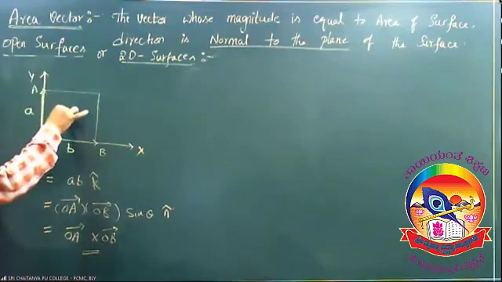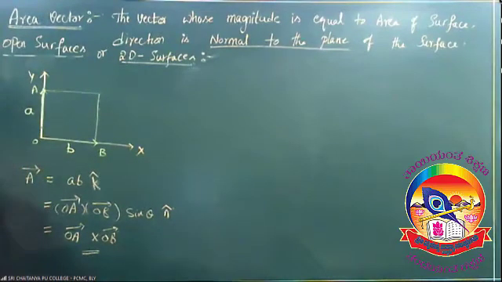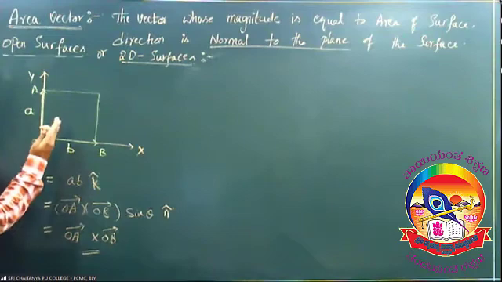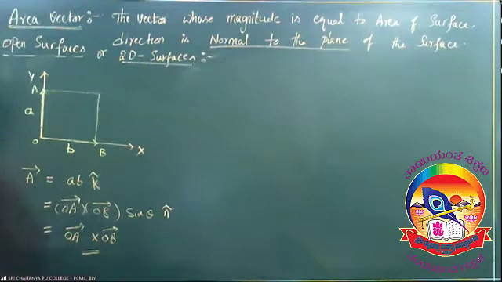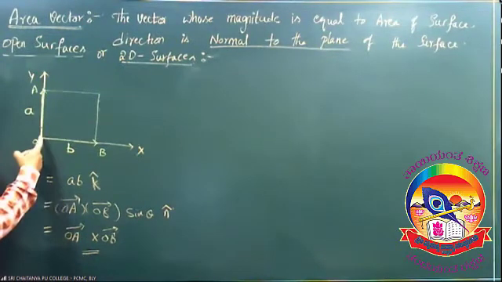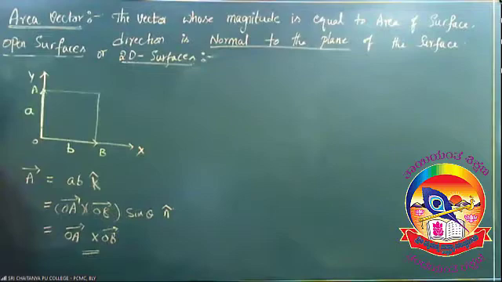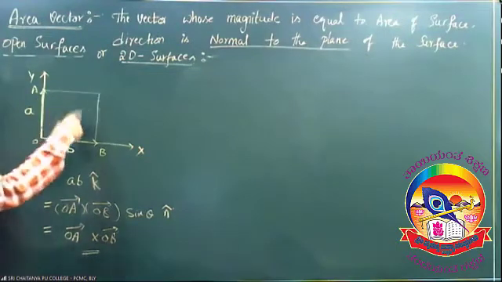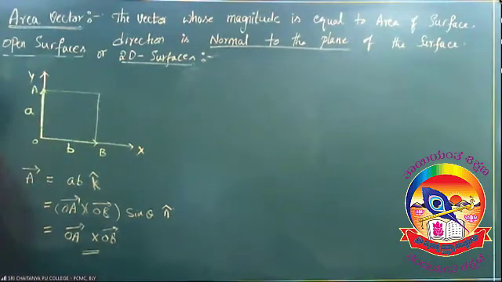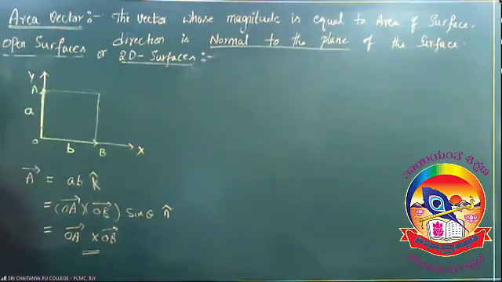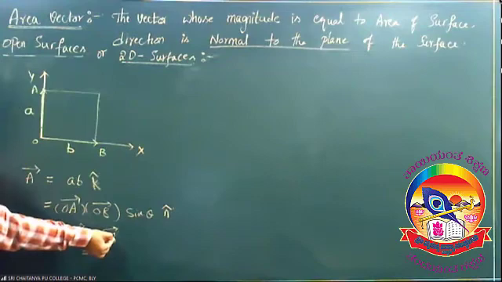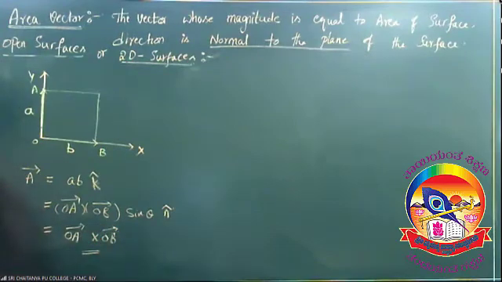But if planes are in different ways, in high-end problems, we need this formula. Remember, if two vectors are given to you, they form a plane, and the area vector of that plane is OA cross OB, simply.